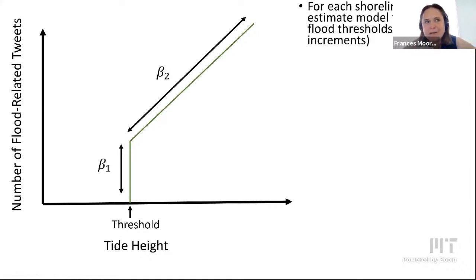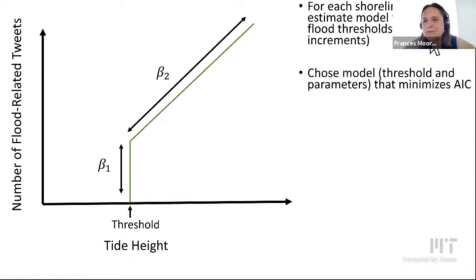We move that threshold up gradually and fit a new model, where the new model is defined by beta 1 and beta 2. And then for each county, we choose the model with the parameters that best explain the time series of flood-related tweets, defined by minimizing the AIC.